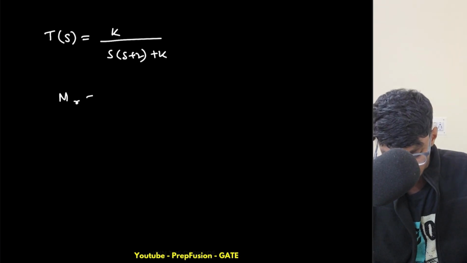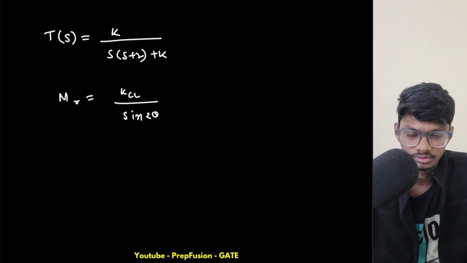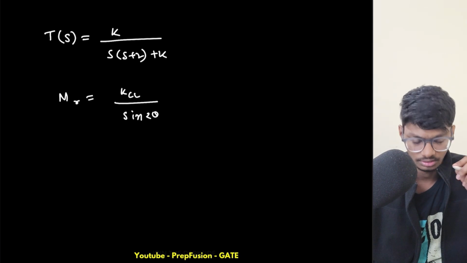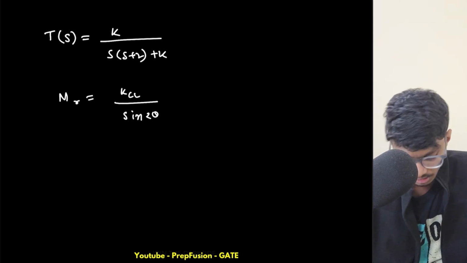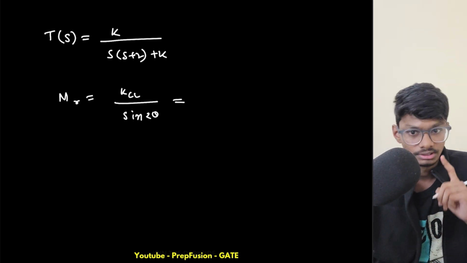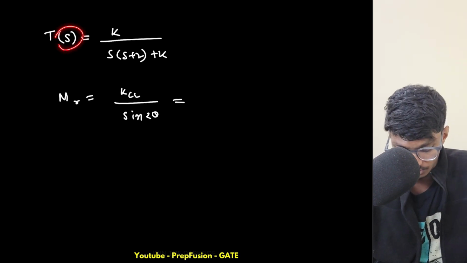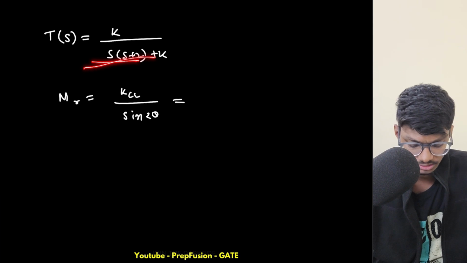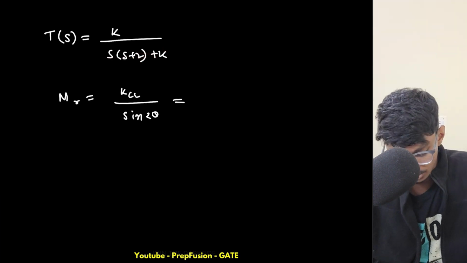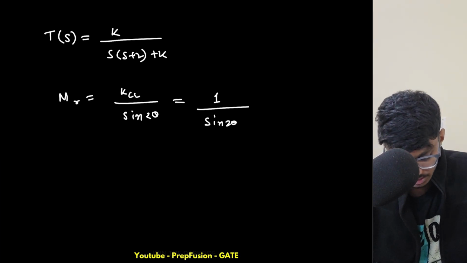Mr is equal to K_CL by sine 2 theta, or you can write it in terms of zeta, as 2 zeta under root 1 minus zeta square. I am more accustomed to this one. What is K_CL? K_CL is the DC gain of the closed loop transfer function, T of 0. If you put 0 here, this goes to 0, so K by K is 1 itself. So this will be 1. Now what is sine 2 theta? That is what we need to find out, and Mr is given to be 2.